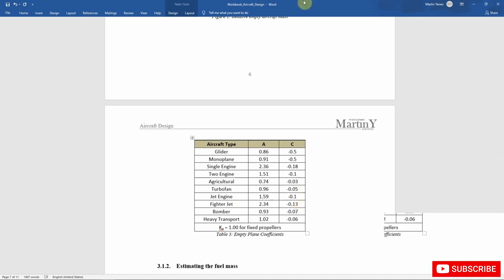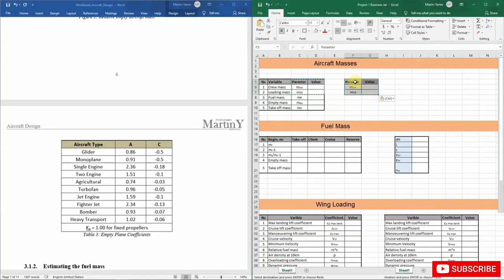Let's apply these coefficients. I will create one more table here, and here I will write A and then I will write C, okay? So the value of A, as we said, is 1.59 and the value of C will be minus 0.1. Okay, and I'm going to upload this Excel sheet for your simplicity.